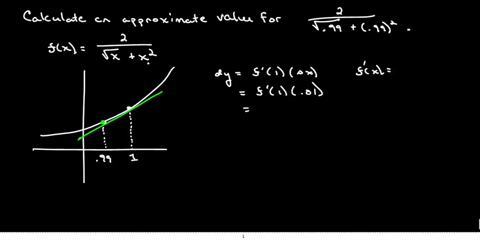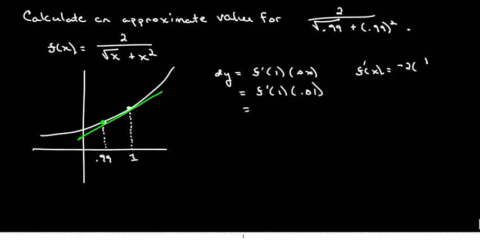Now f of x was equal to this mess, so f prime is going to be, and what I'm going to do here is use my quotient rule. So it's the low times the derivative of the top, so the denominator times the derivative of the numerator, which is 0, minus the derivative of the bottom times the top, so 2 times the derivative of this guy right here.